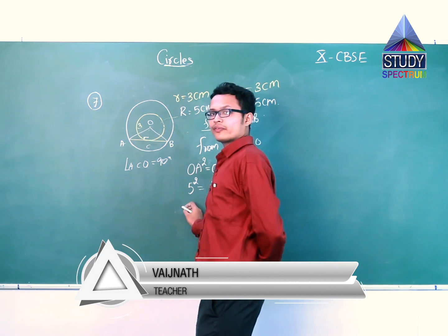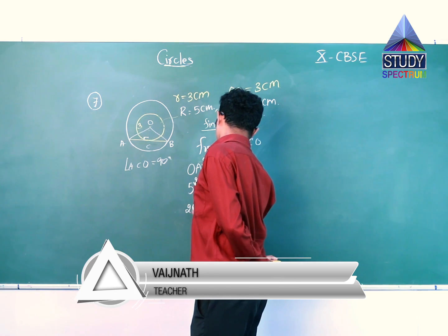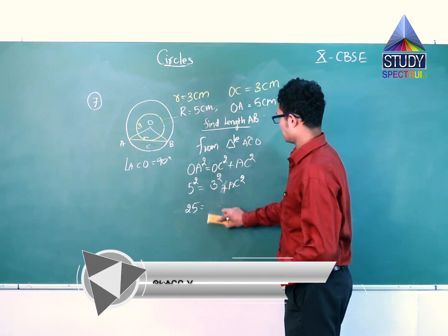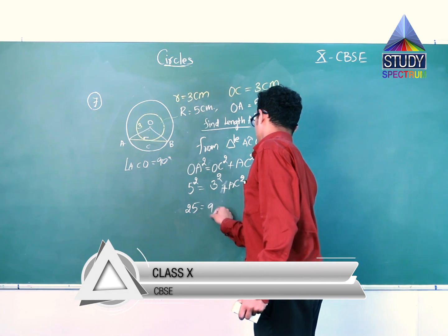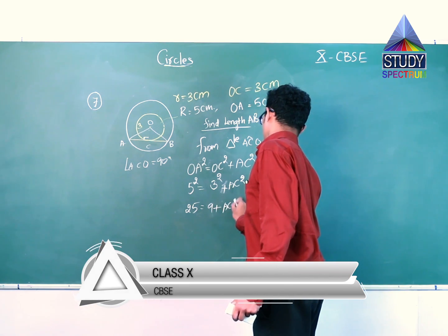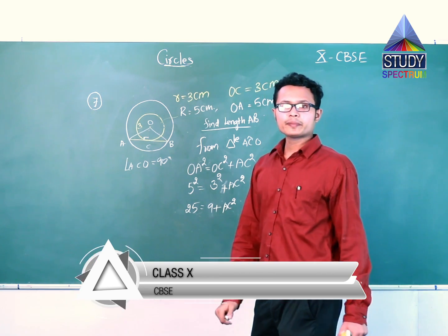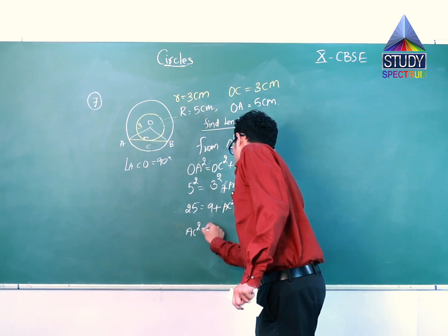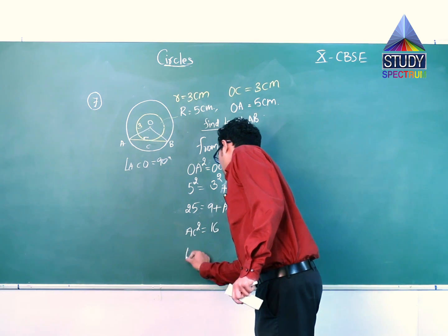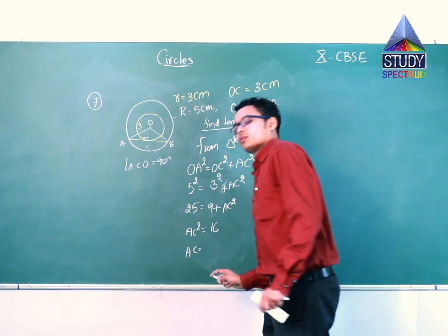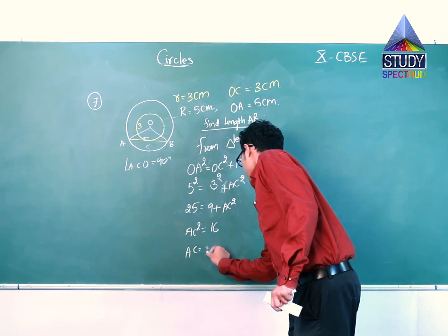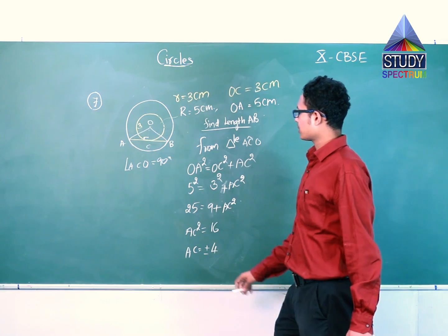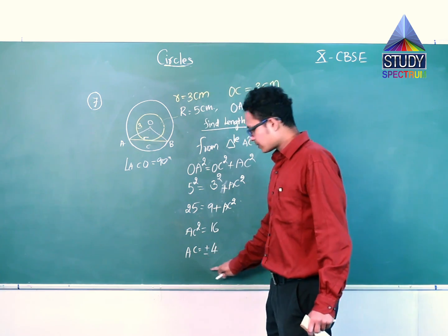So 5 square is 25 and 3 square is 9. 25 is 9 plus AC square. 25 minus 9 is 16. Therefore AC square is equal to 16, or AC is equal to plus or minus 4. But that's not the end of the solution here.